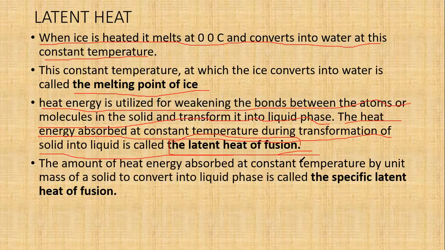Ice is a form of solid, and when you apply heat to it, it breaks the bonds of the molecules and converts into liquid phase. So at that time the constant temperature is absorbed by the solid into liquid. So it is known as the latent heat of fusion.